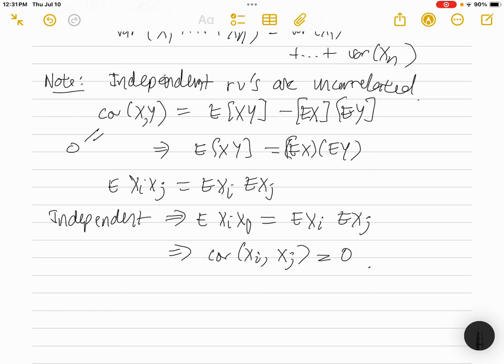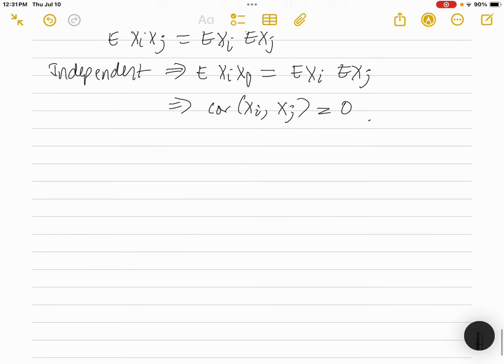But it's not true that whenever you have two random variables, the variance of the sum is the sum of the variances. Because you could have two, so let's give an example of two random variables that are correlated.